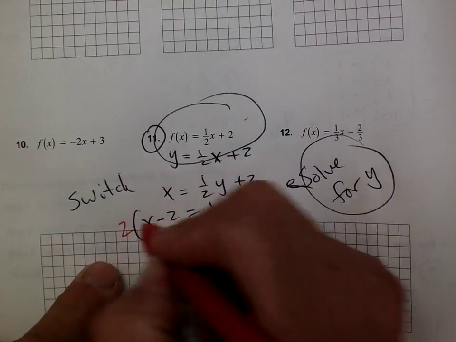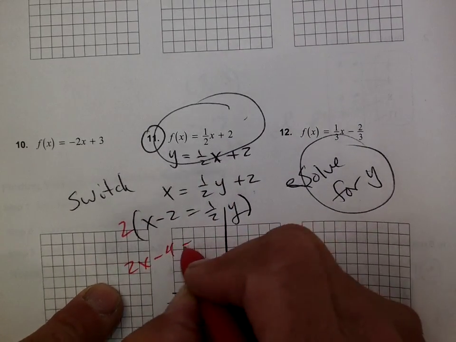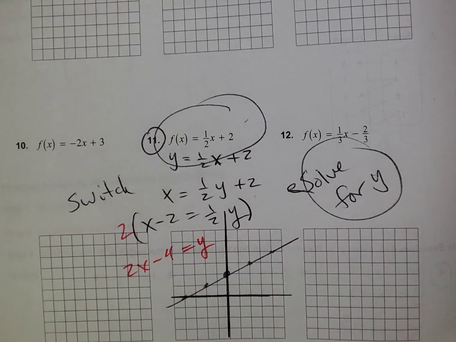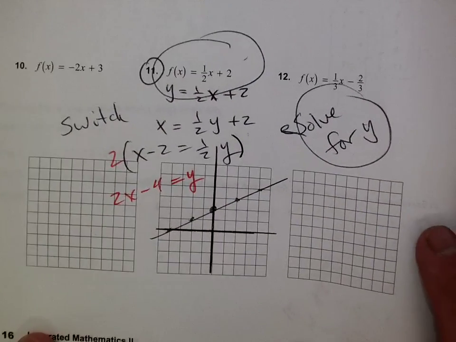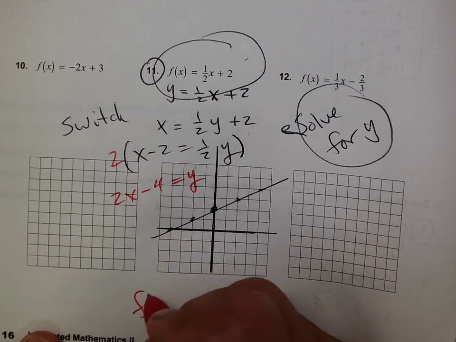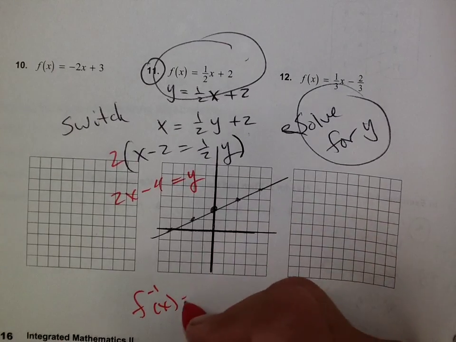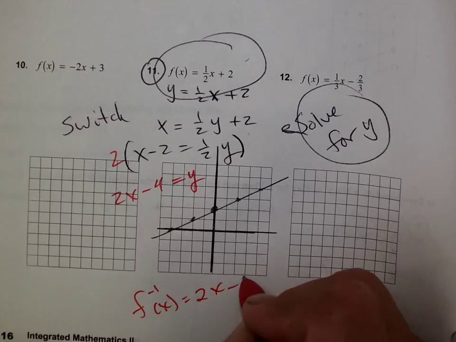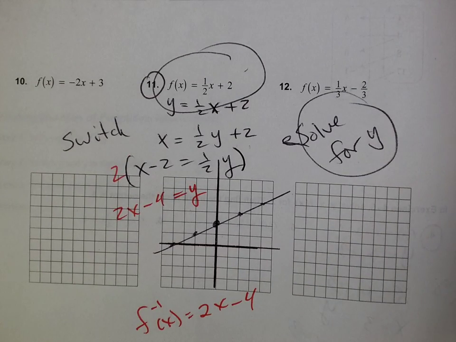I'm going to get 2x minus 4 equals y. So now there's the inverse. I'm going to get fancy and write y as f inverse of x, because that's what it's called, is equal to 2x minus 4.